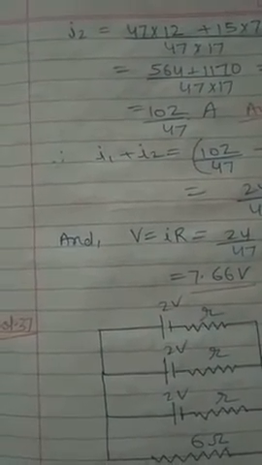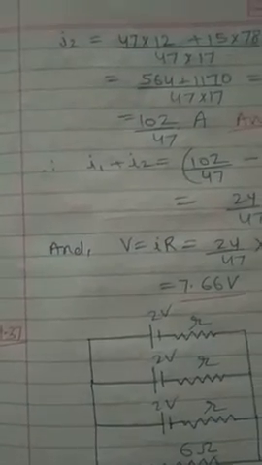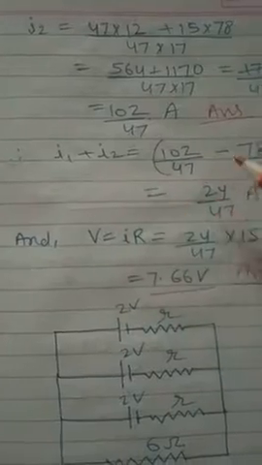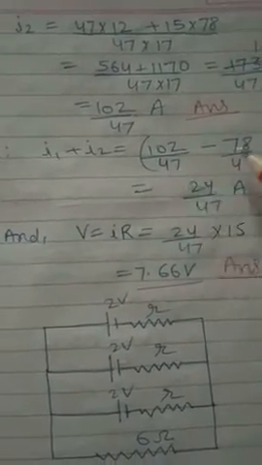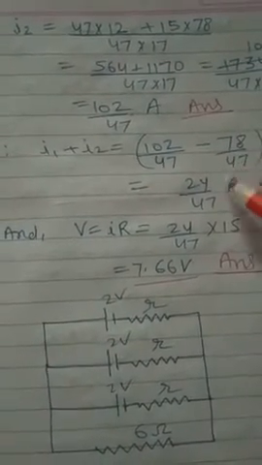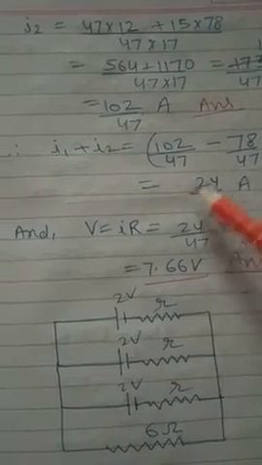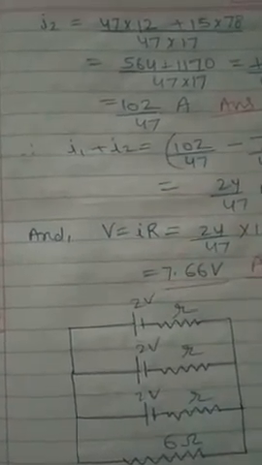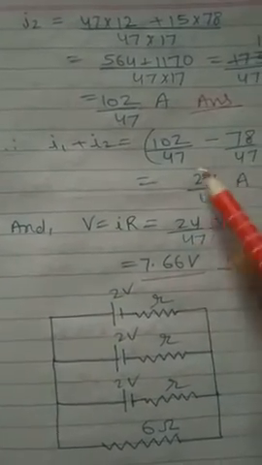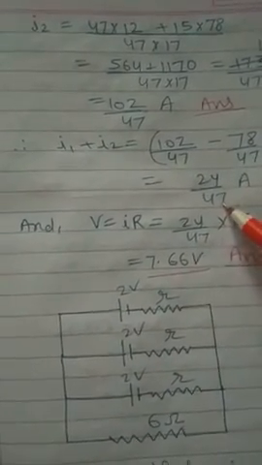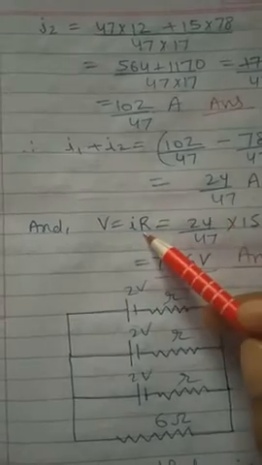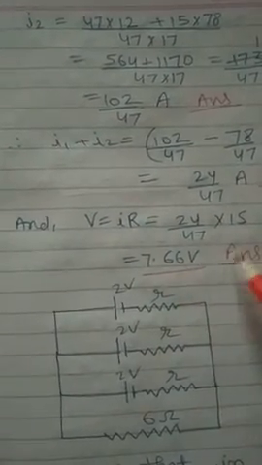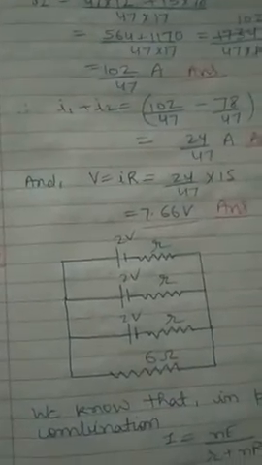That means I2 direction will remain the same, and the current that will flow in the external resistor will be I1 plus I2, so 102 by 47 minus, because this is negative, so the total current will be 24 by 47 ampere. Now the voltage will be I into R. I is 24 by 47 flowing across the external resistor R, which is 15 ohm, so this will be 7.66 volt. Clear?